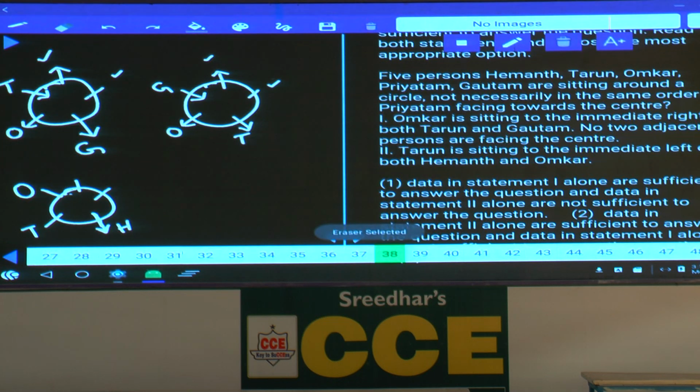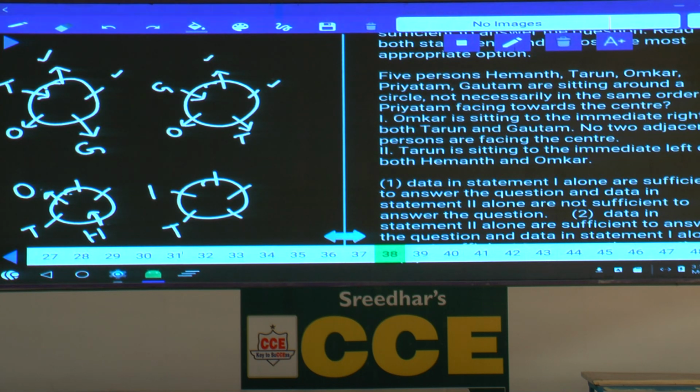As this Tarun is to the immediate left of these two persons, then if Omkar is here, this person is away, this person must be towards the center, Hemant will be here. That is one possibility. And the second possibility is, if Tarun is here, then Hemant and this must be Omkar, this Omkar is facing the center and this person is facing away from the center.